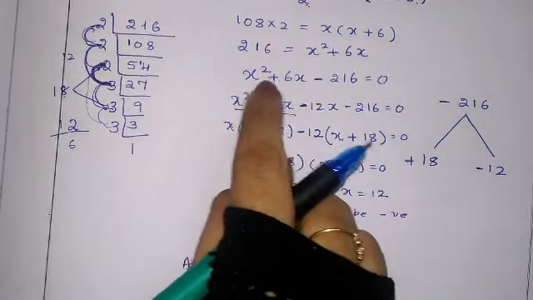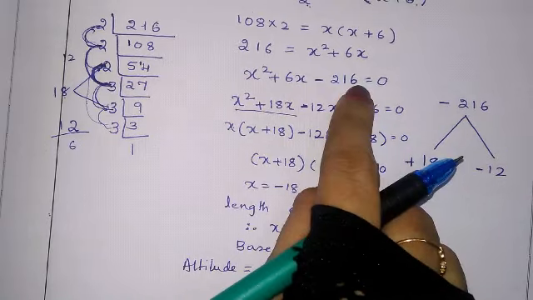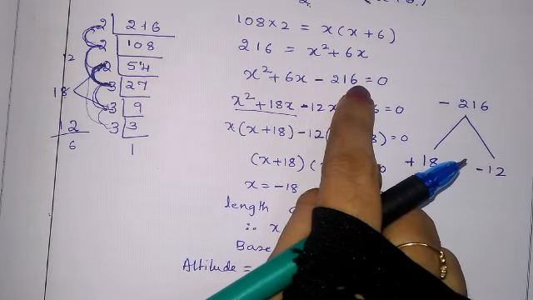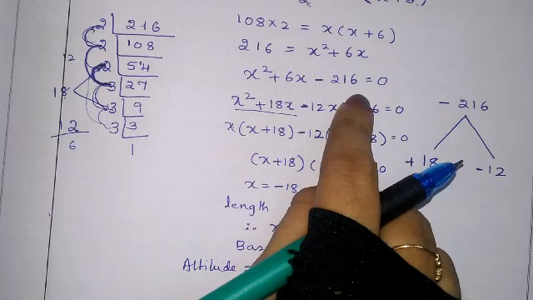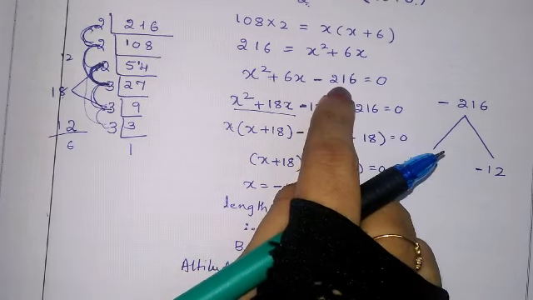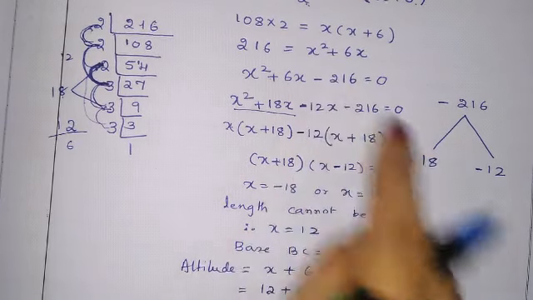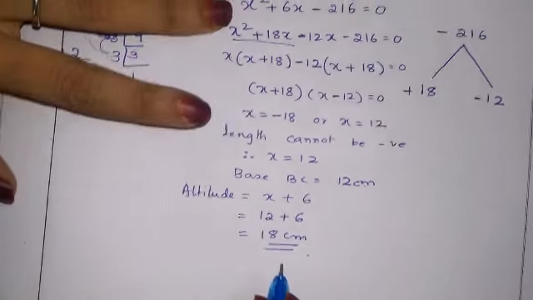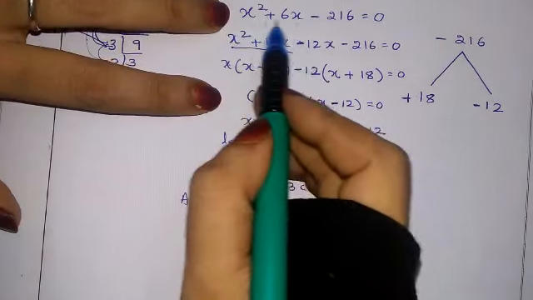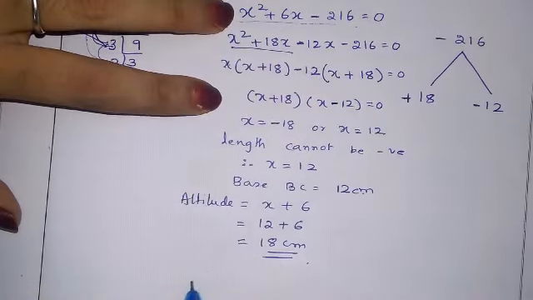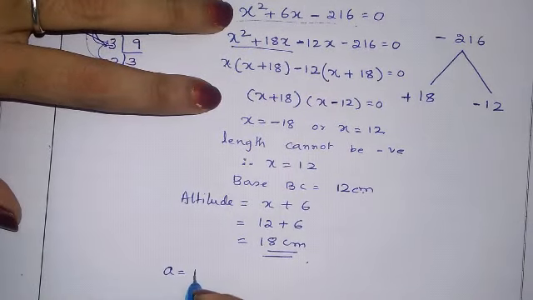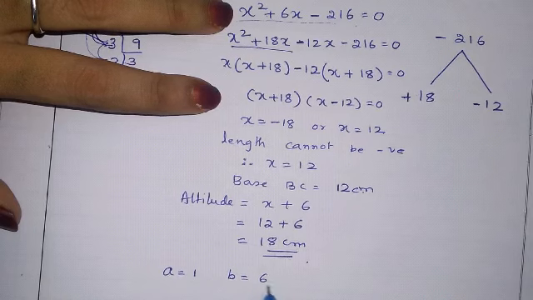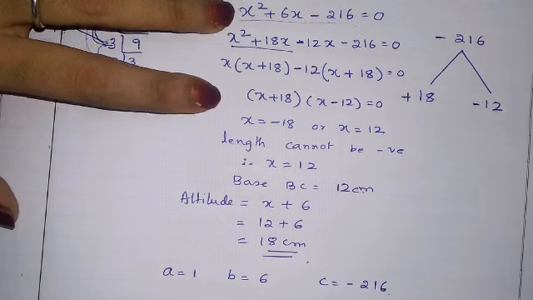This same problem we can even do by the formula method. We can easily get the x value if we go for the formula method also. If you want, I'll show here. This is of the standard form. A value is 1, B value is 6, and C value is minus 216.